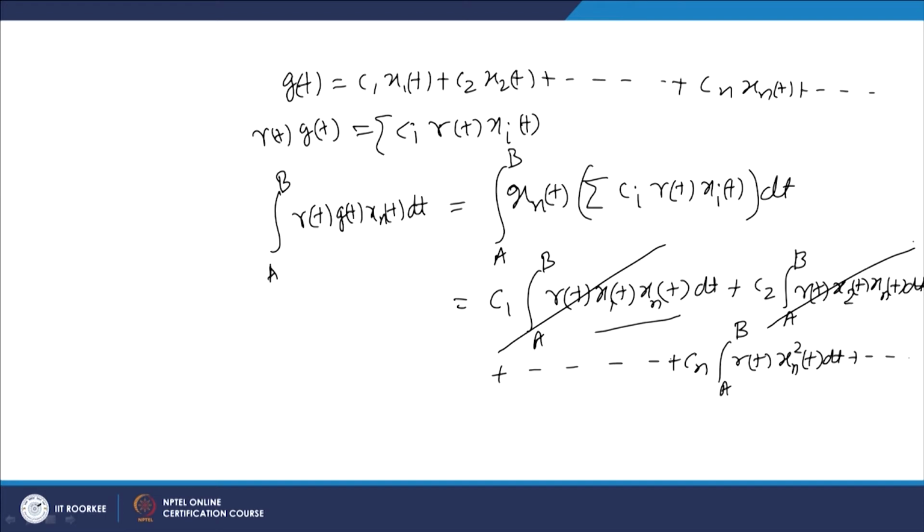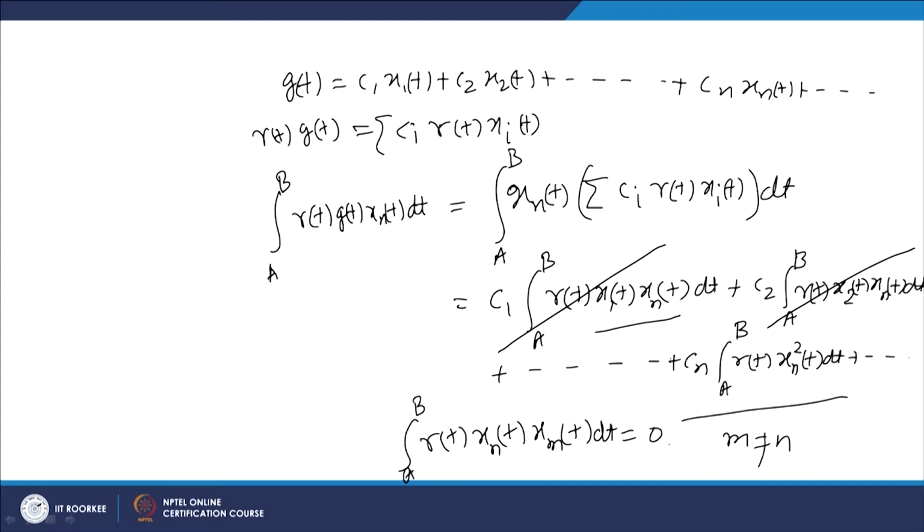The only term which is left non-zero is this term where we have m equal to n. So, using this property that the integral from a to b of r(t) xn(t) xm(t) dt is equal to 0 when m is not equal to n.